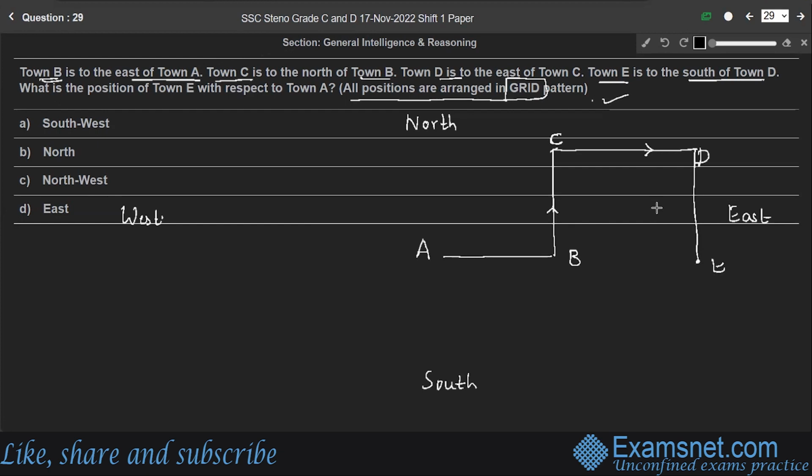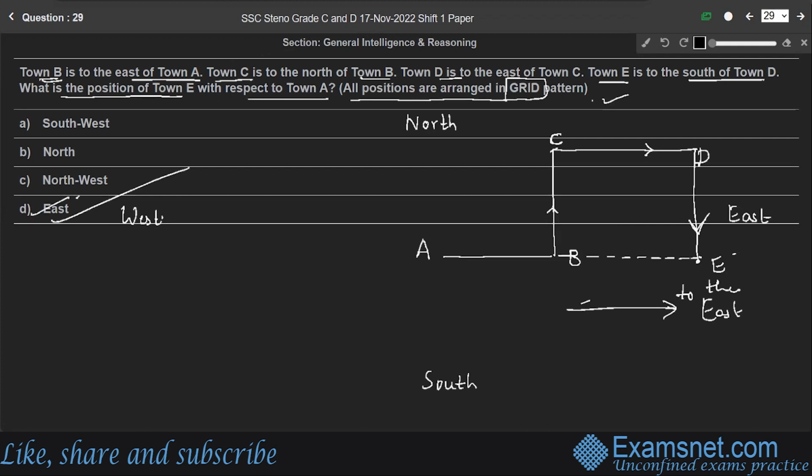Town E is here. The question is, what is the position of town E with respect to town A? With respect to town A, town E is to the east. Therefore, option D is the right answer.